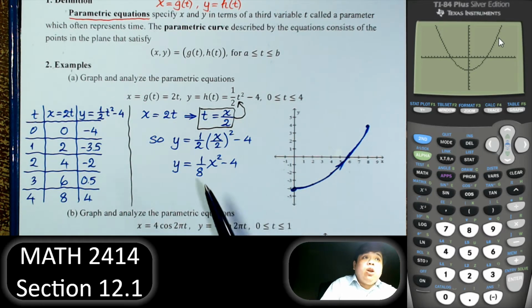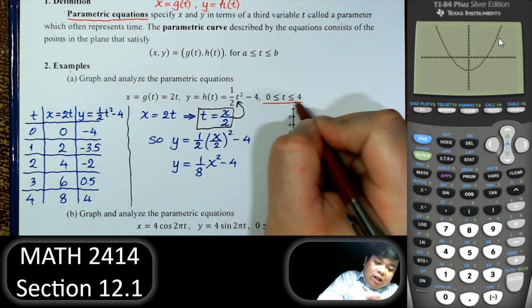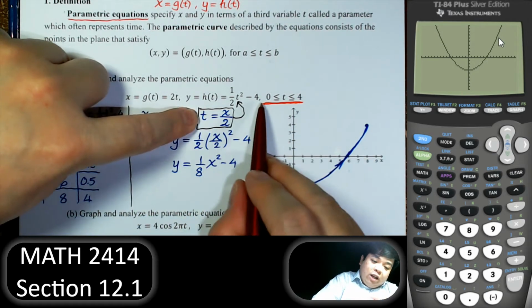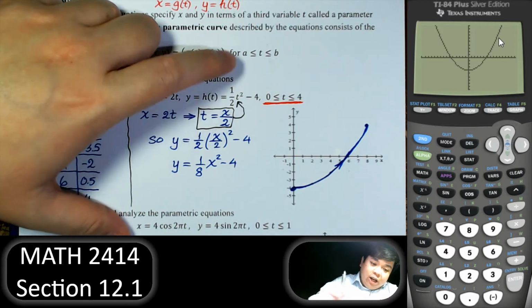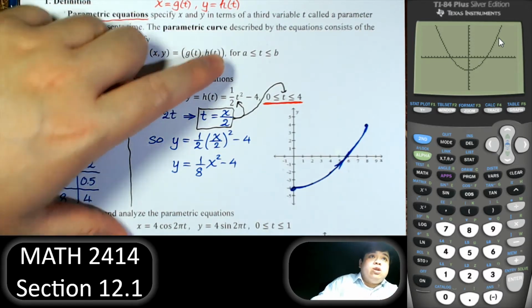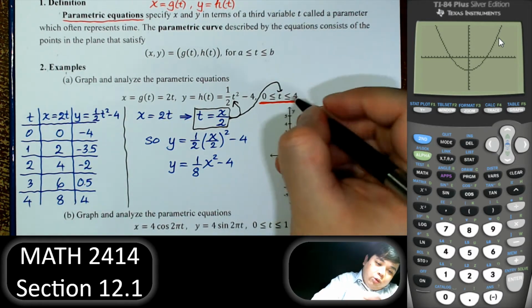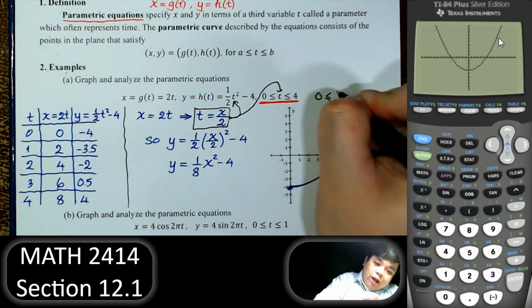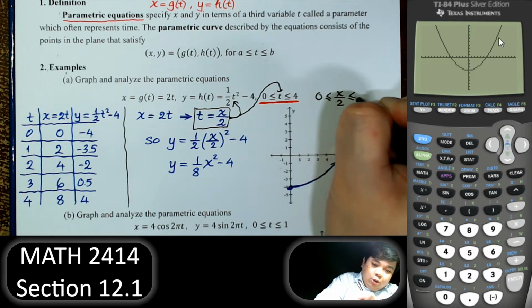Now, we can also write that. Remember, in this example, t is equal to x over 2. So normally we substitute into the function, and we substitute in here for t as well. In that case, we will have 0 less than or equal to x over 2 less than or equal to 4.